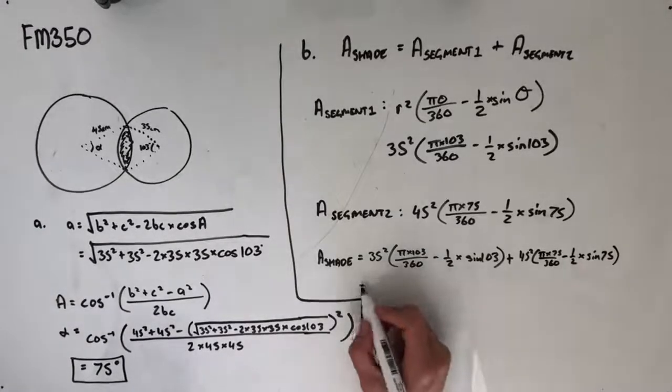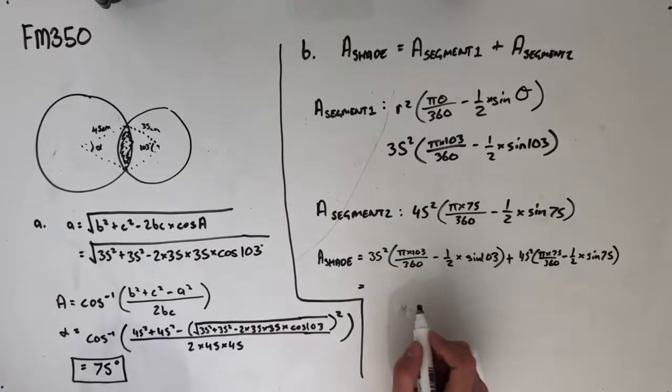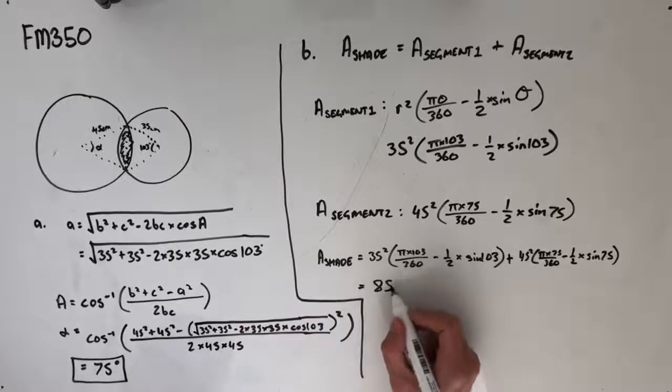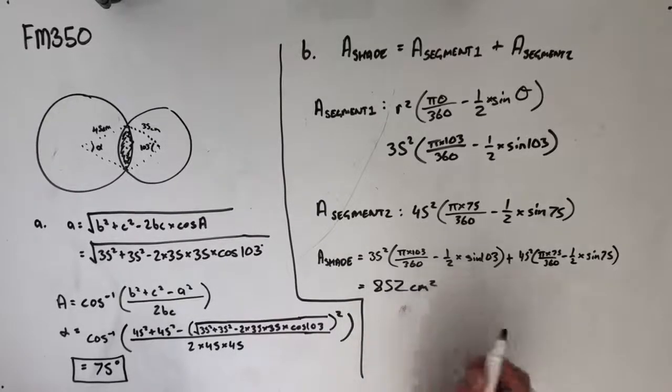Plugging all of that into your calculator and rounding to the nearest whole square centimeter, we should get an answer of 852 centimeters squared.